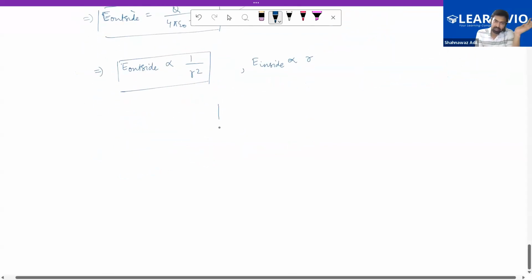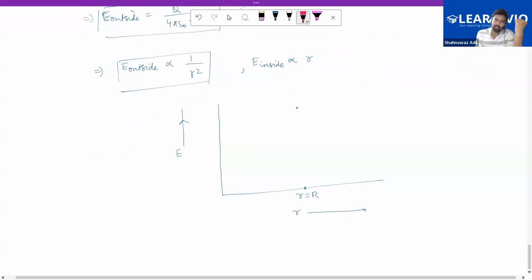So we have this y-axis. On the y-axis, we have electric field. On the x-axis, we have this variable R. And this is the point R equals capital R. What is this point? What is this region? Can you tell me?